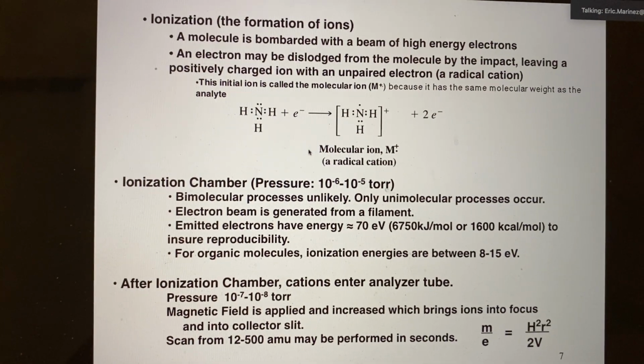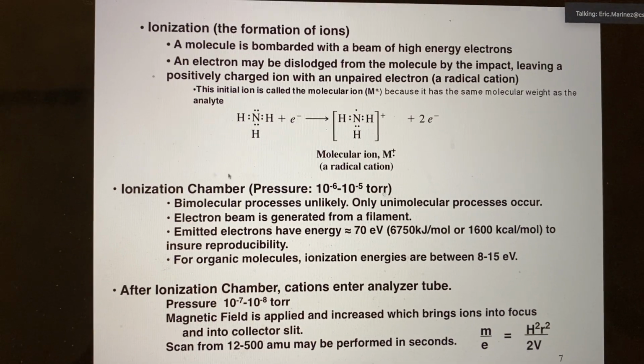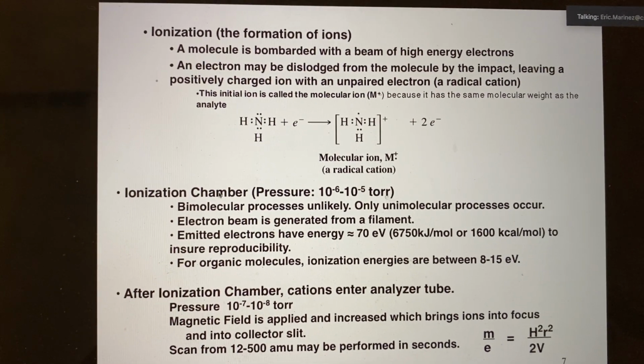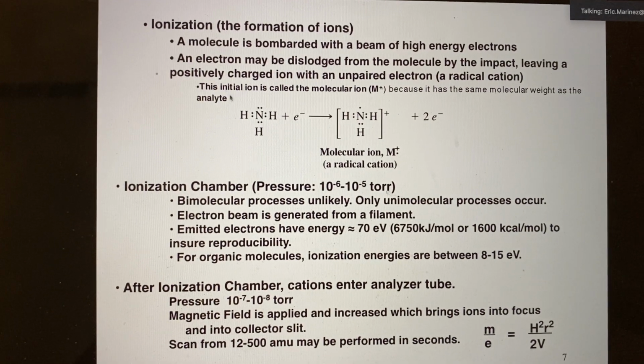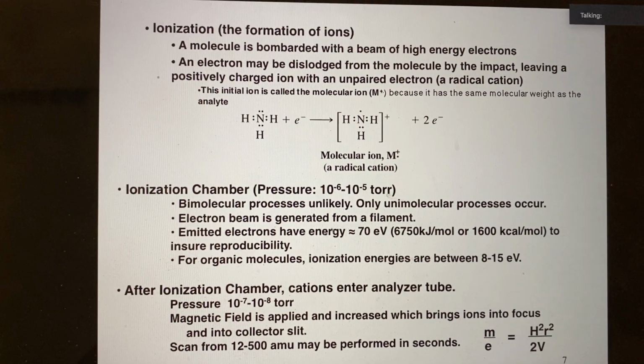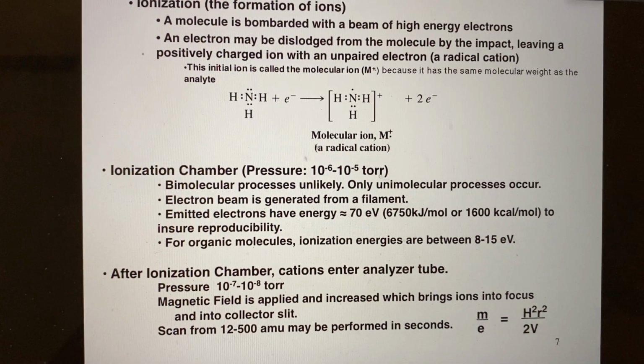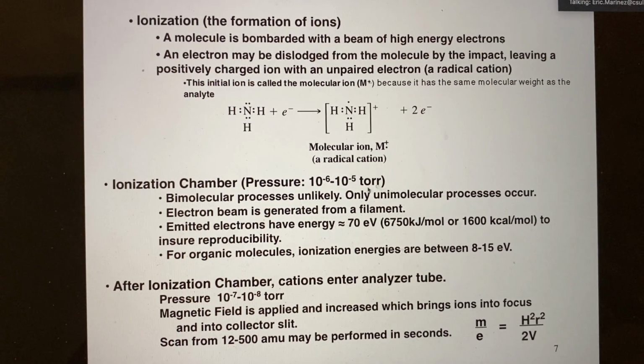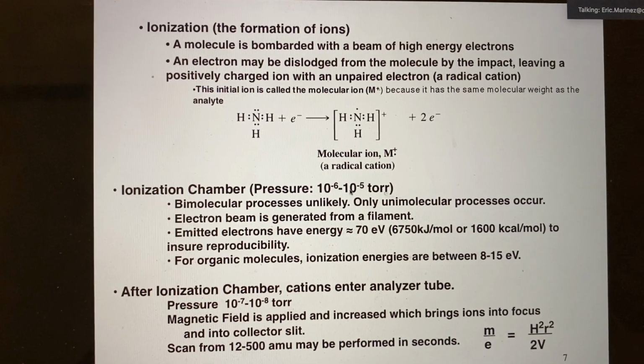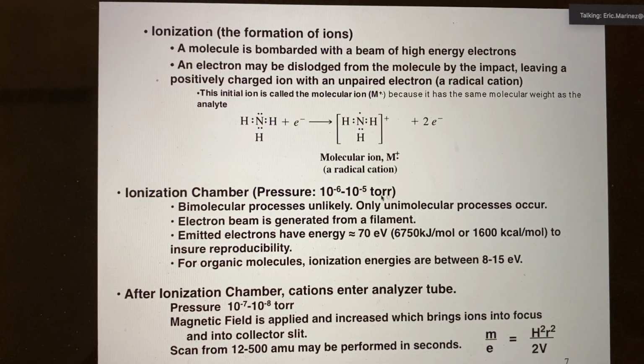Now, in the next step, in this ionization chamber, just to give you an emphasis, not only have we vaporized this molecule, but in the ionization chamber, we're in a vacuum where the pressure is really, really low. Okay, so 10 to the minus 6, 10 to the minus 5 torr, or millimeters of mercury.